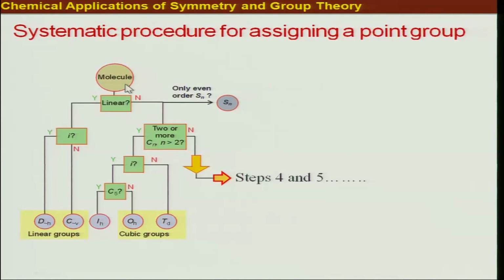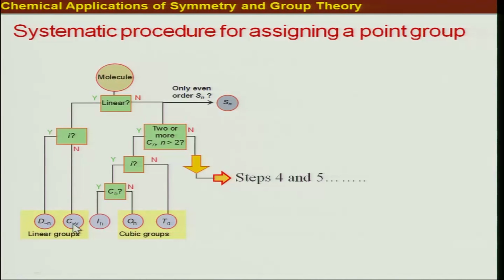When I ask whether the molecule is linear or not, if the answer is yes, then the next question I ask is whether the molecule has inversion symmetry. If the answer is yes, then I have D infinity H. For some reason this infinity sign is not coming, it looks like a tilde, but this is actually infinity, both this one as well as this one.